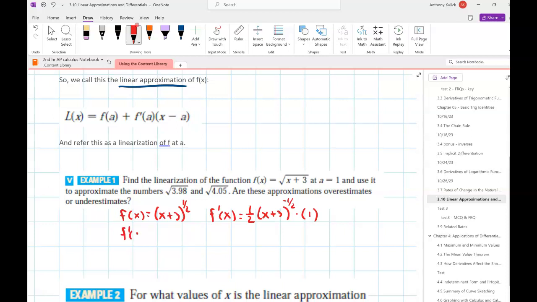So f prime of 1 is going to be what is 4 to the negative 1/2? And it's not negative 2. It's 1/2. What's the square root of 4? And then make the reciprocal for the negative exponent. 1/2.